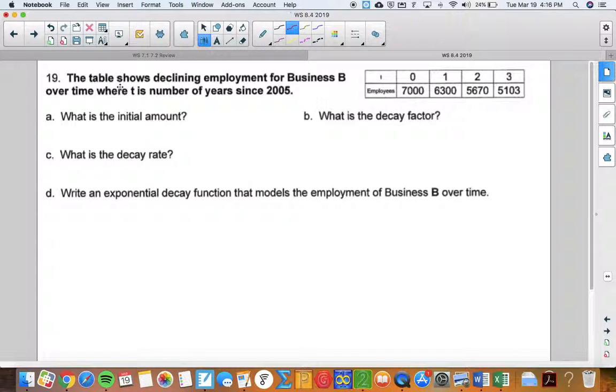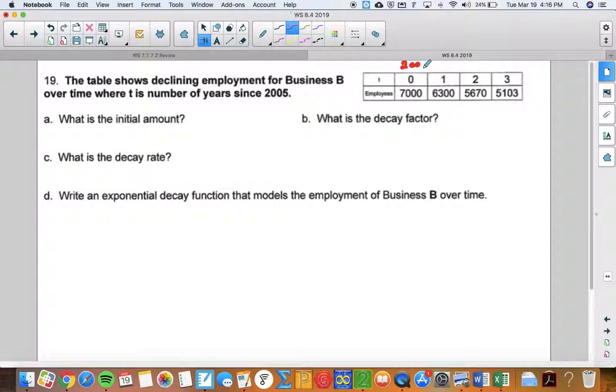The table shows declining employment for business B, a different business, over time, where T is the number of years since 2005. So this is 2005 right here. I noticed that these are multiples of 7. 7 times 1,000, 7 times 900, and this is a difference of 700.